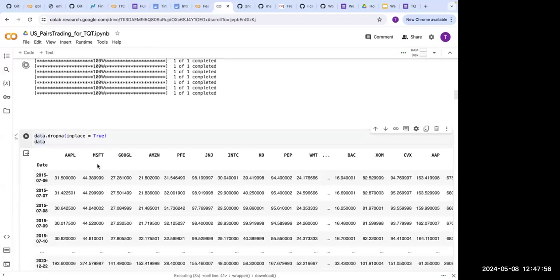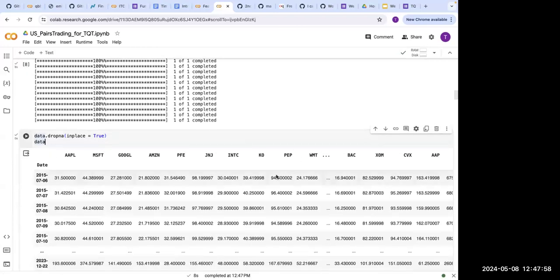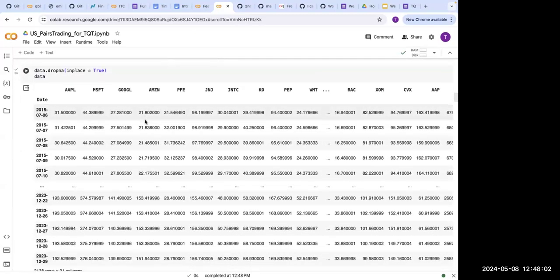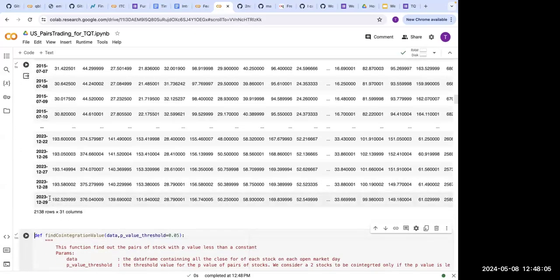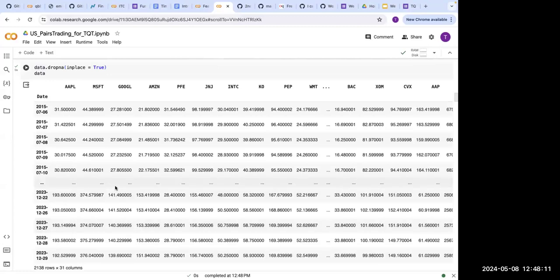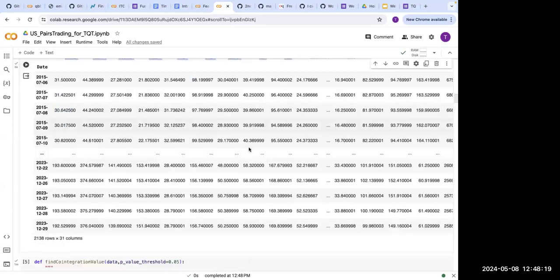Eventually you will see a data frame like this, where you have data from 2015 to the end of 2023. All the trading days data you have here, and the columns are the companies, right? So closing prices are the values here, and the companies are the columns.